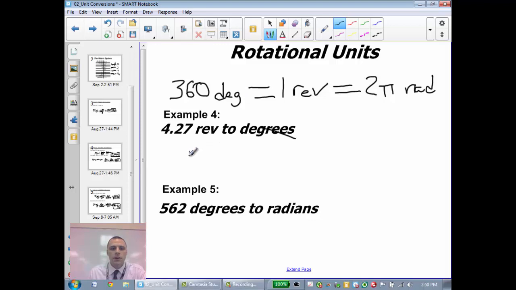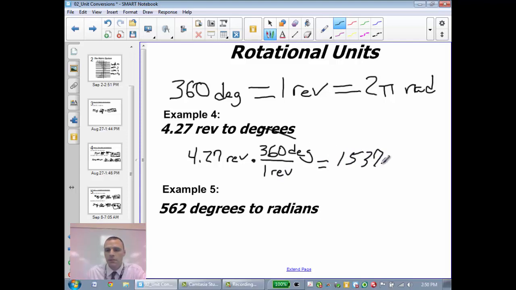So, if I'm going to try to convert 4.27 revolutions to degrees, I would multiply by a conversion factor of 1 revolution is 360 degrees. So 360 degrees over 1 revolution is equivalent to 1. And when I multiply out, I end up getting a value of 1,537.2 degrees.